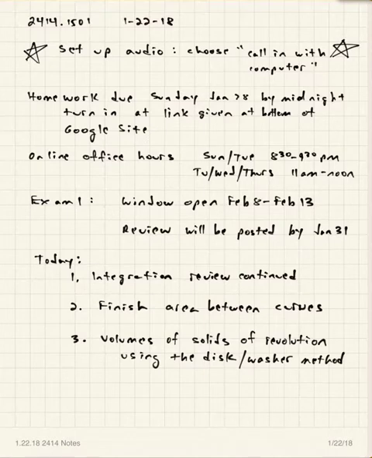There's lots of apps out there, and I talk about that on the Google site and in my syllabus. Lots of apps you can use to take your phone and turn it into a scanner, and you can scan documents in easily and make it into a single PDF.